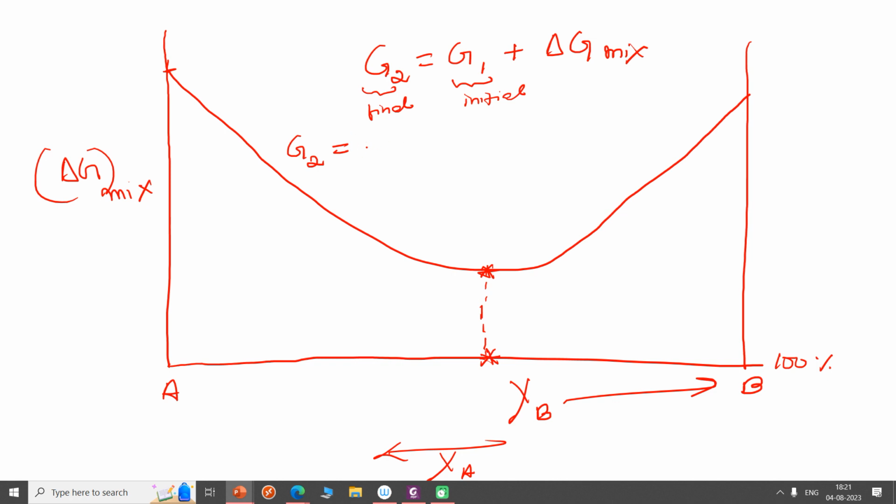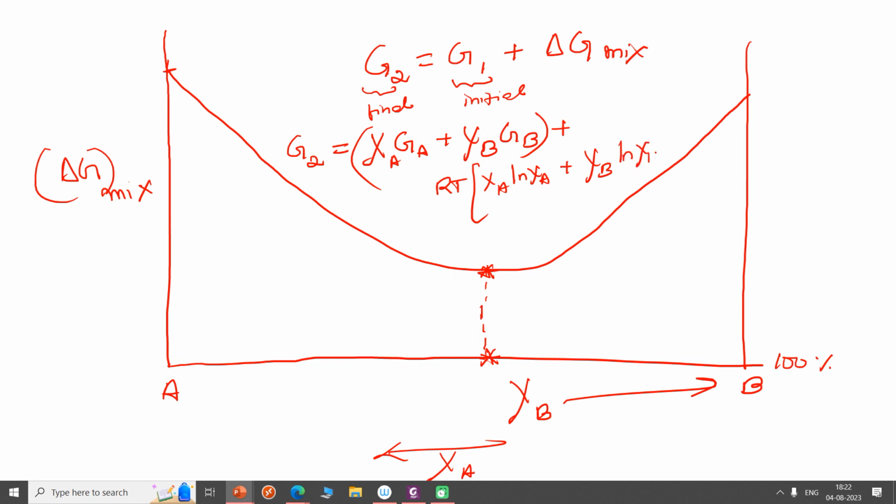The initial free energy of the system on just mixing will be chi A G A plus chi B G B, plus whatever we have calculated, the configurational term. So this is the term that is getting added up.